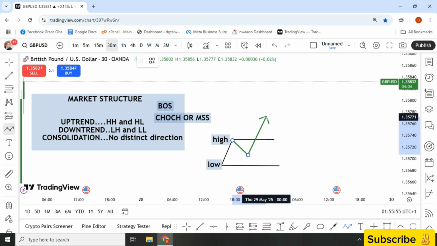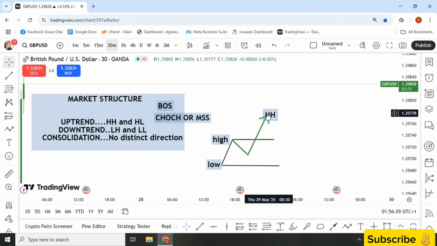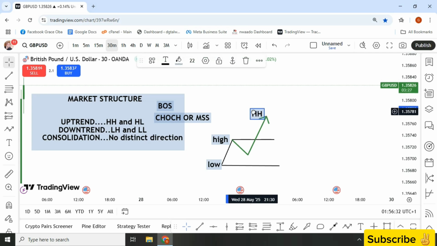All right, there's a new high right now. This automatically becomes the new high. So I'm going to label this place the new higher high. This is a new higher high.